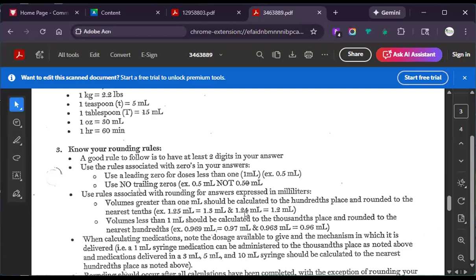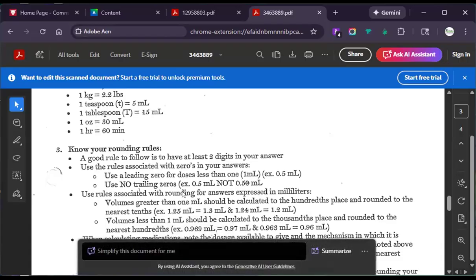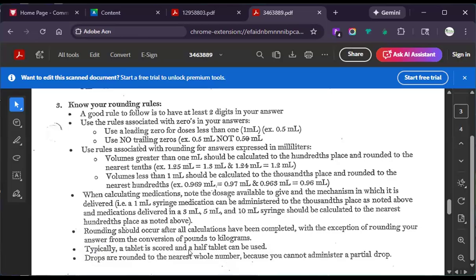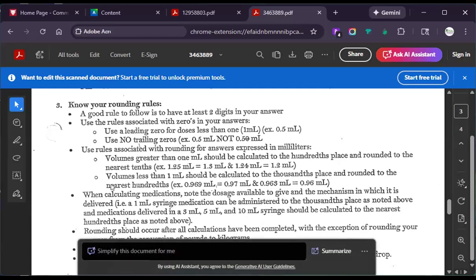So if it was 1.24, if it's four or fewer, you just drop that number in the hundredths place and then you just leave it at 1.2 milliliters. You probably won't do too much rounding the first test, but it gets asked. And so I like to tell you what those are. And sometimes the practice sets that I give you, I incorporate rounding, mainly to make you think through it and make sure you're not just memorizing an answer, and that you're working through the steps.